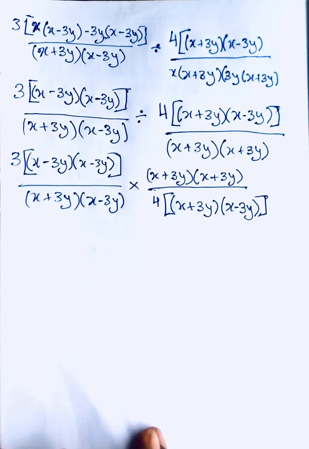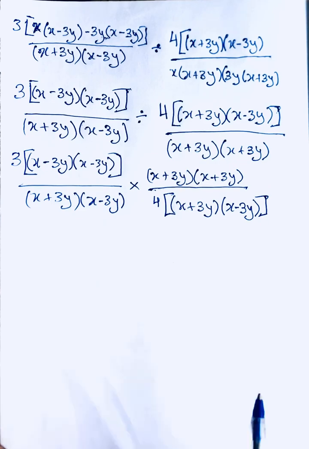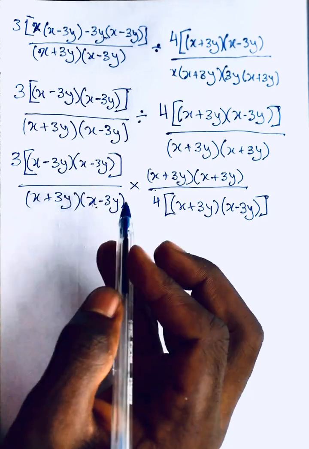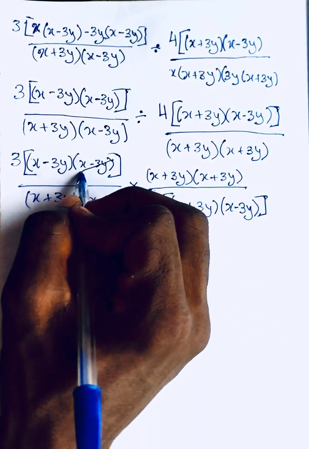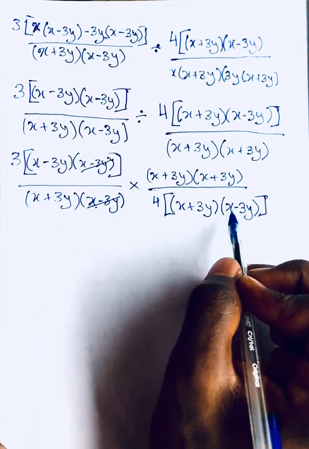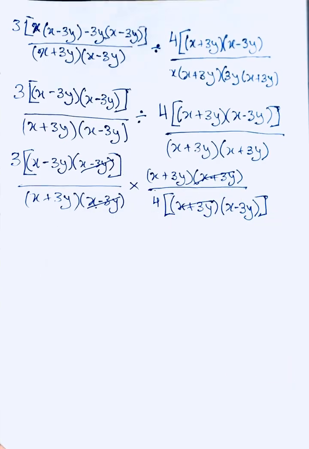So at this point, we are going to cancel out the common factors. You can see that we have this same thing here, so this one will cancel this out. And when we come to this aspect, you can see that I have this same thing here, and the same thing is here.